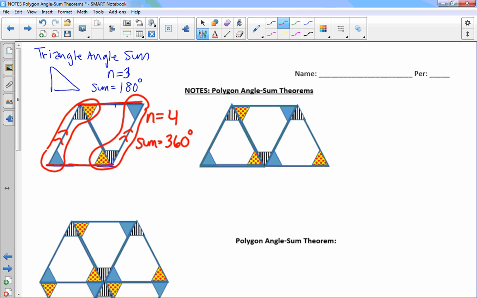Okay, over on the right, we have another 4-sided figure, and it's still 4 sides, but it's a different type. It's not a parallelogram. What shape is it on the right-hand side? It's a trapezoid. A trapezoid has 2 sides parallel and 2 sides not parallel.